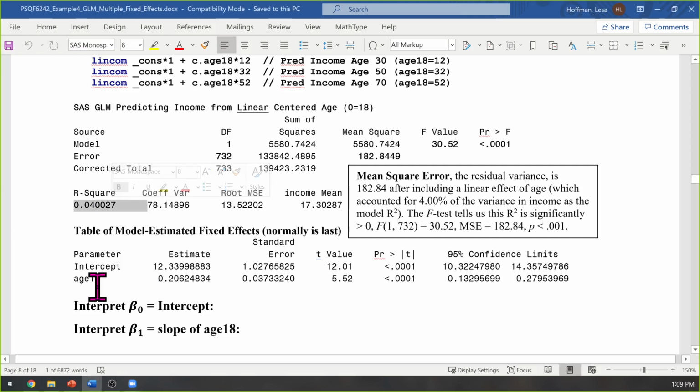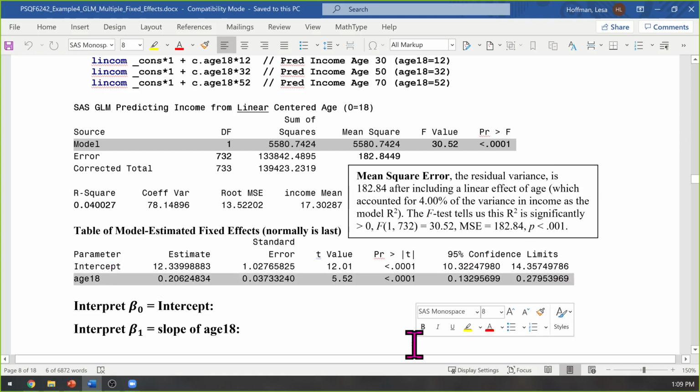So the extent of a linear relationship between age and income, what Pearson correlation would have told me, captured 4% of the variability in income. So 96% still out there. And if I only have one slope in the model, then the F-test for that one slope is telling me the exact same thing as the t-test for the slope. Do you remember the relationship between them? How are t and F related if I only have one slope in the model?